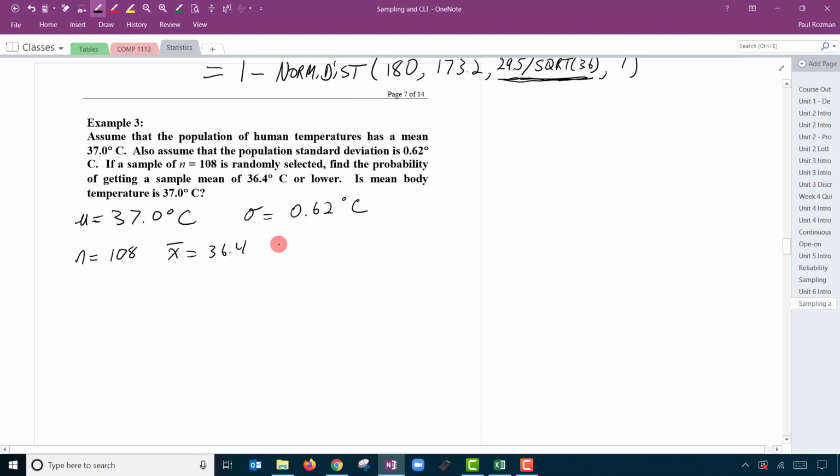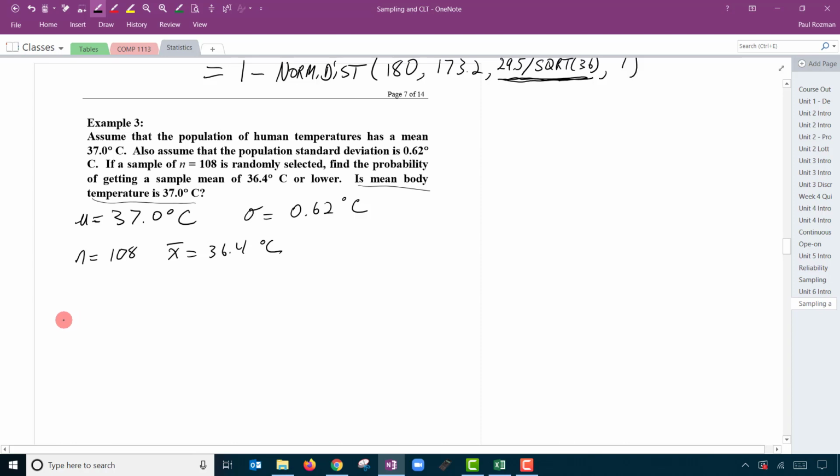And I didn't even bother with the standard deviation because I already know the standard deviation of the population. So is 36.4 close enough to 37 for me to say, yeah, it's probably 37? Or is 36.4 too far away from 37? And then I say, I don't think it's really 37. That's sort of what we're trying to answer here.